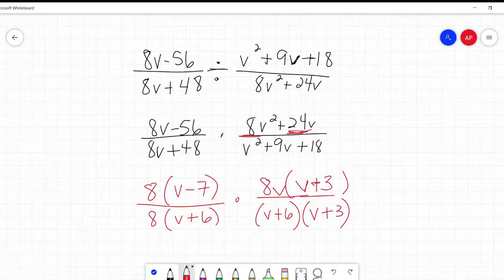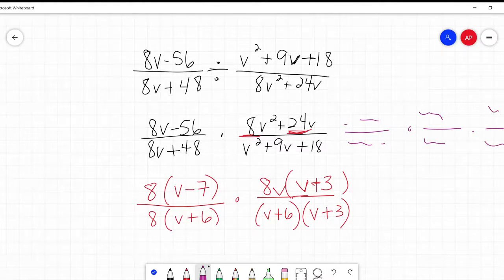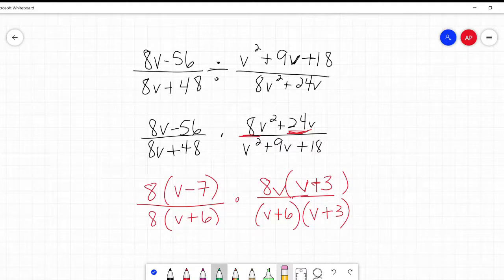Something to look out for with these, if you're ever having problems factoring, and let's say it's one of those where you have 3 things being multiplied together and there's stuff up above and down below and it's huge and massive and taking you forever. If you get stuck on one of these factoring points, if you're like, oh, I just don't know what multiplies to 18 and adds to 9, my brain's not working. Look at what has already been given to you. Look at what's above, what is potentially going to cancel it out.